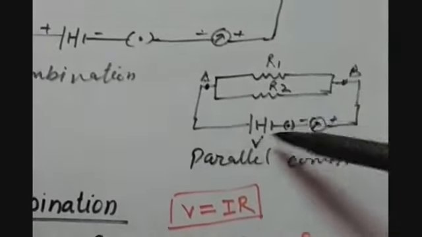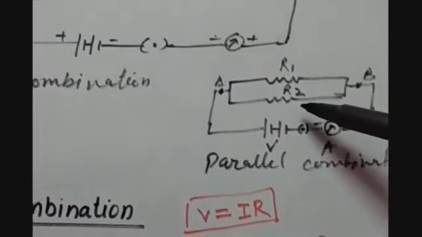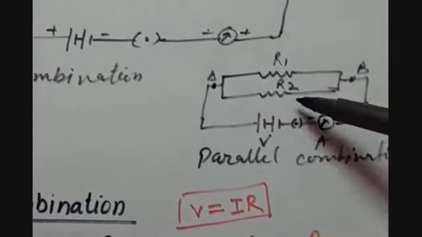This combination of resistances can have an effect on the potential difference applied across the ends of the conductor, and it can also vary the current flowing in the circuit.